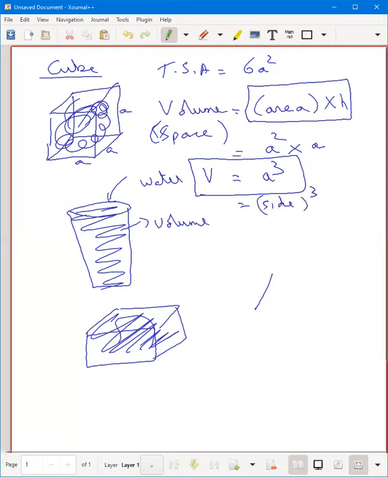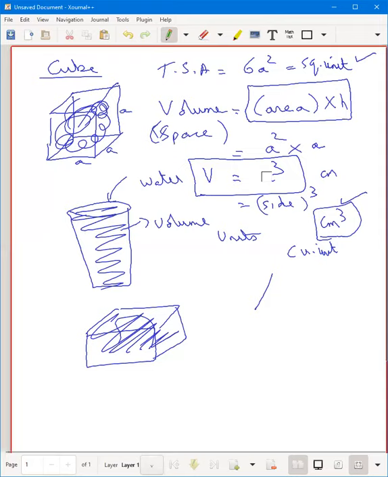The unit, remember, will always be a cubic unit. For example, if this is in centimeters, then it will be centimeters cubed. Whereas surface area is a square unit. This is one important part to remember.